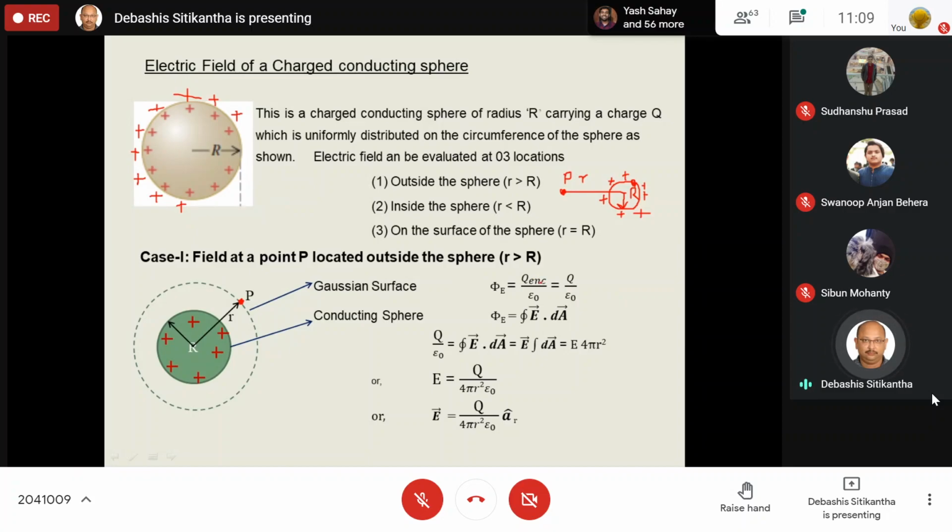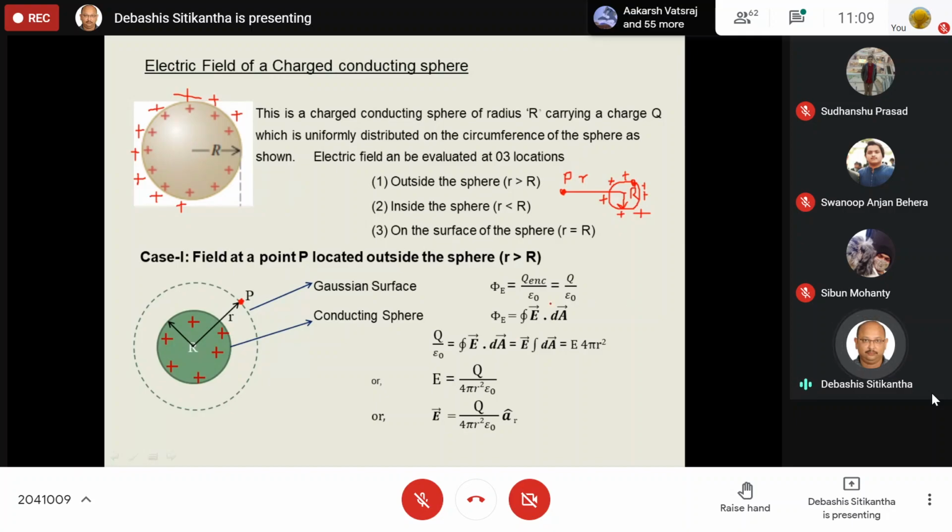It is nothing but the Gaussian surface which is enclosing the charge Q. Obviously the charge Q is uniformly distributed, but the total charge that is enclosed by this is equal to the total charge Q on the sphere. No doubt the charge Q is uniformly distributed, but the net charge that is enclosed by this Gaussian surface is going to be capital Q.